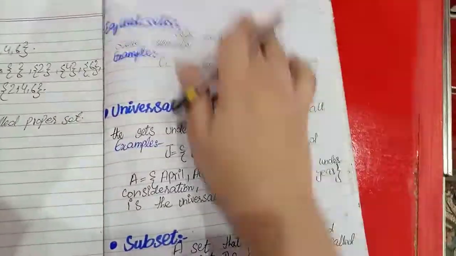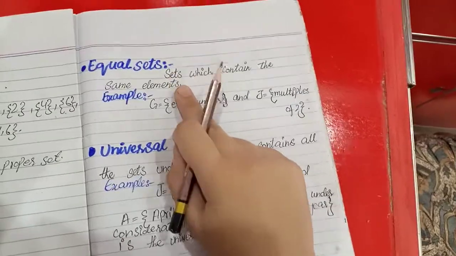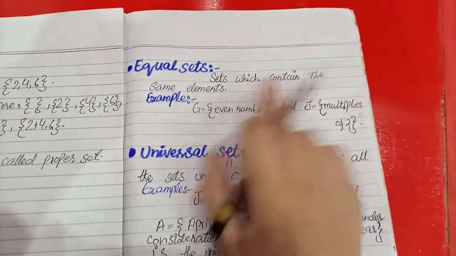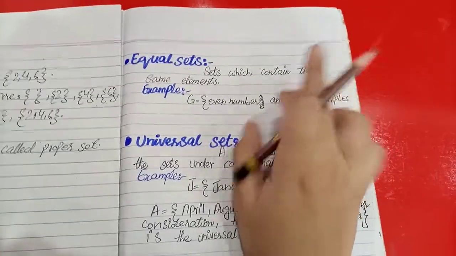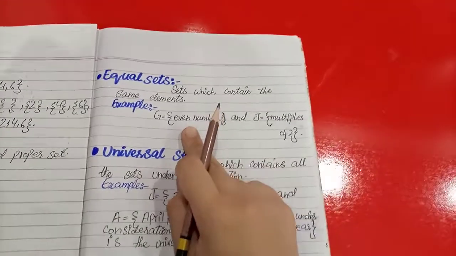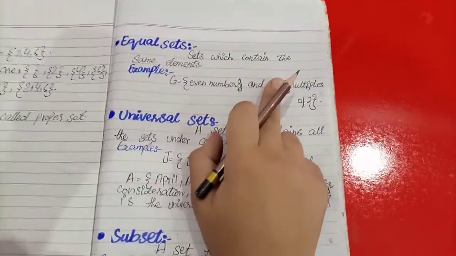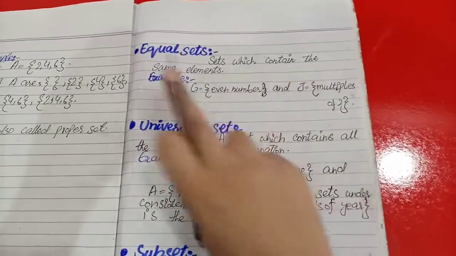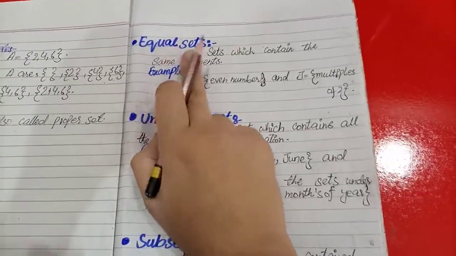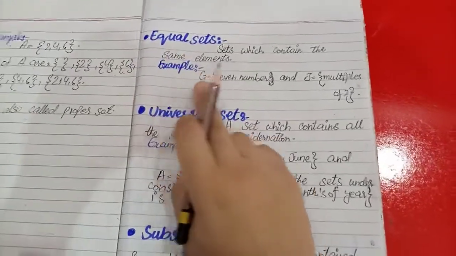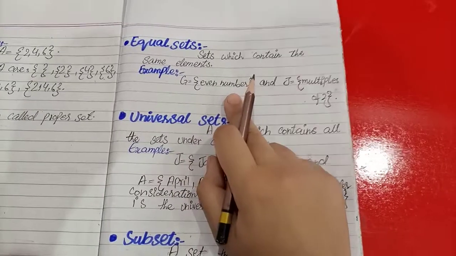Okay, next we see equal sets. Sets which contain the same elements, meaning all the elements are the same as in the other set, so we call that an equal set. For example, G is equal to even numbers.